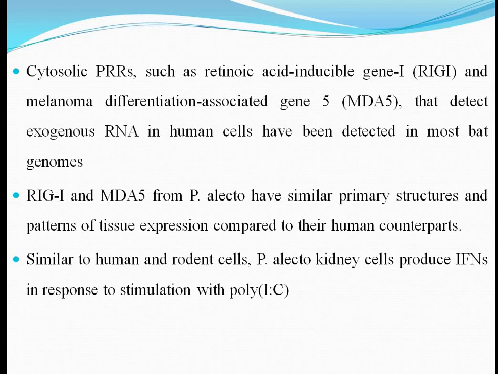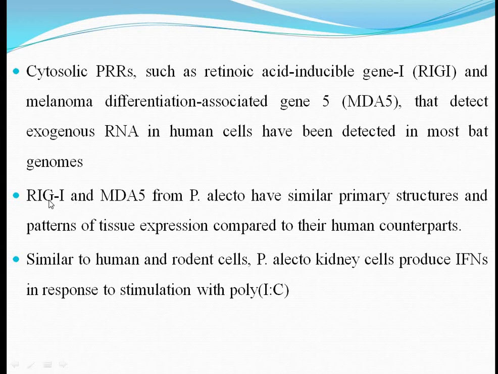Cytosolic pattern recognition receptors such as retinoic acid inducible gene 1 and melanoma differentiation associated gene 5 detect exogenous RNA in human cells and have been detected in most bat genomes.